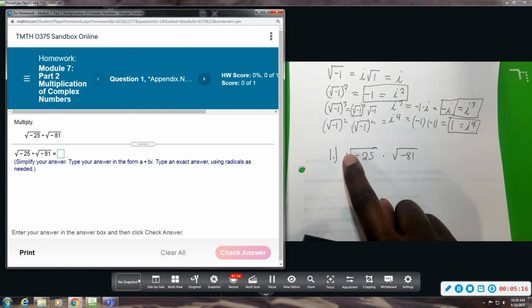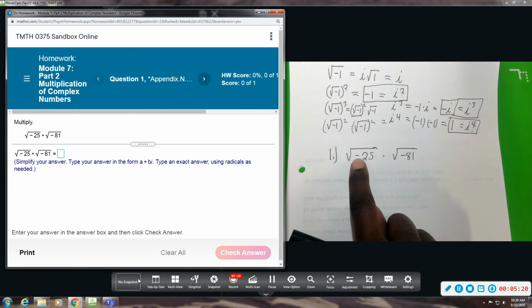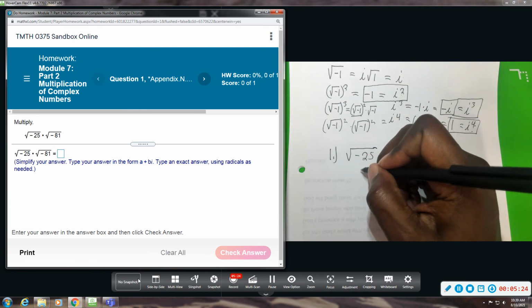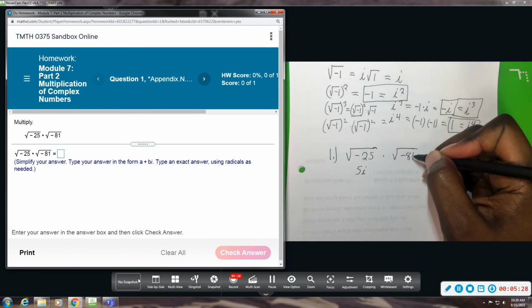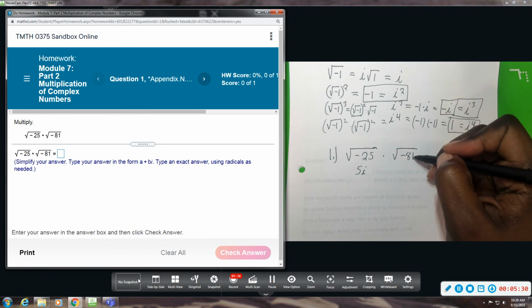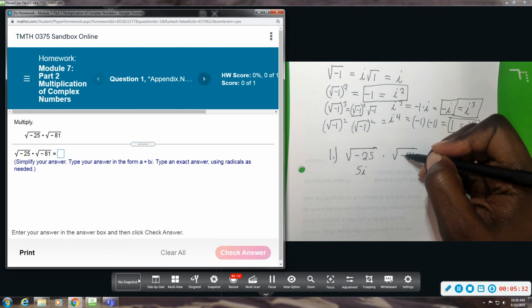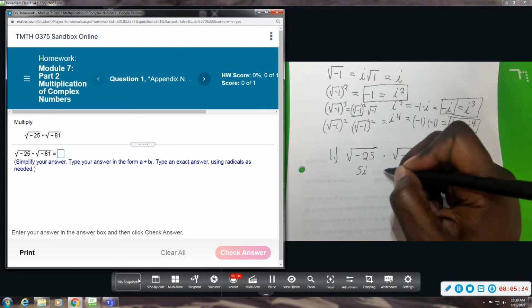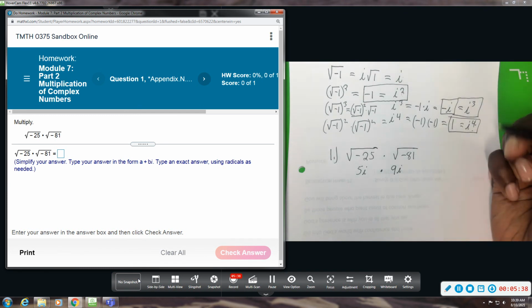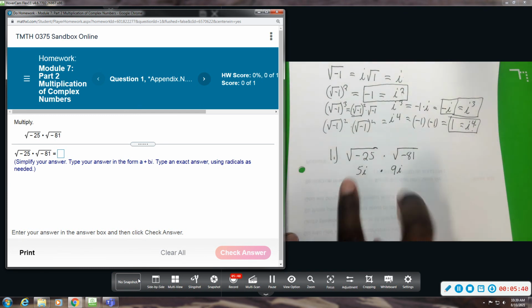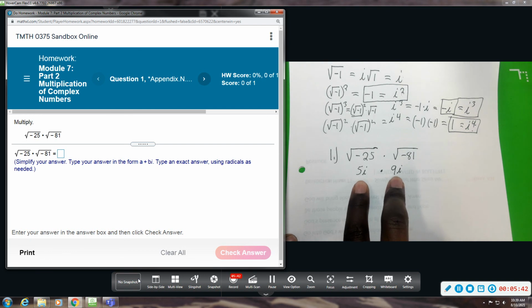So we have to first break down the square root part. This is going to give us imaginary, and the square root of 25 is 5. So this will give us 5i. And then over here, the square root of 81 is 9, but we have a negative inside, so there will be an i. So this will give us 9i. Okay, so once we've broken down those grouping symbols, now we can multiply these two terms.